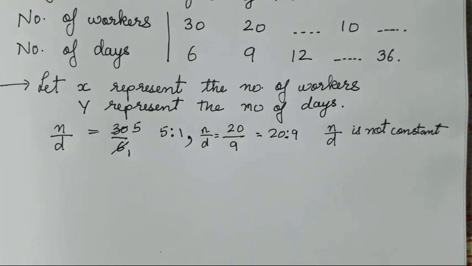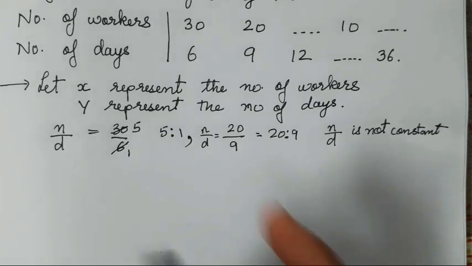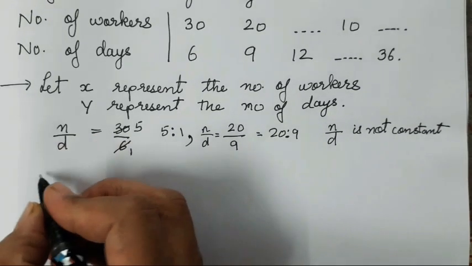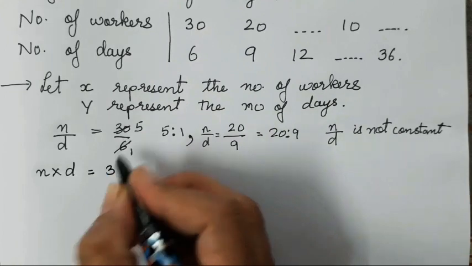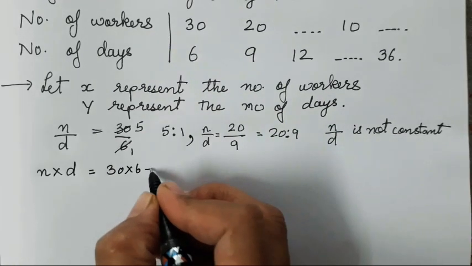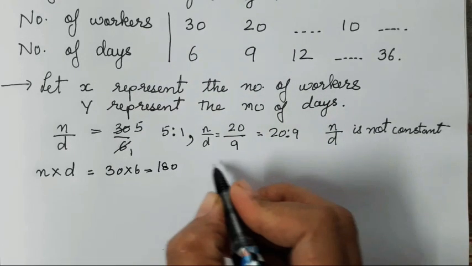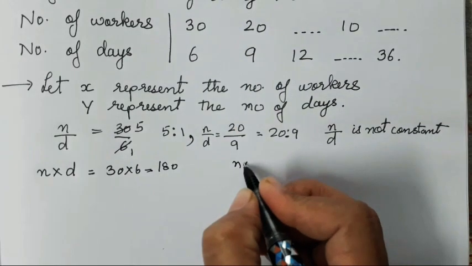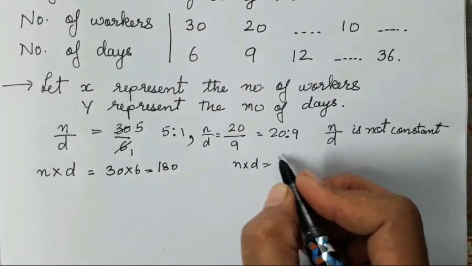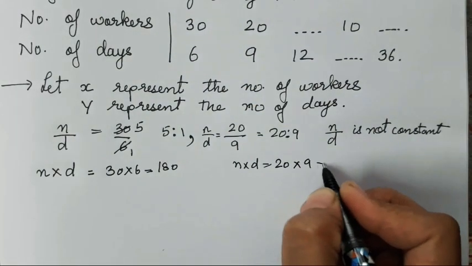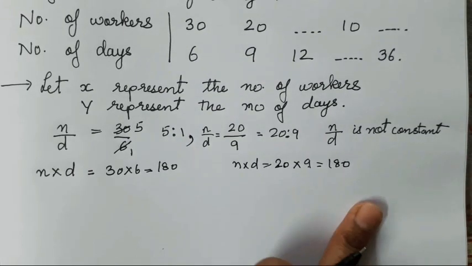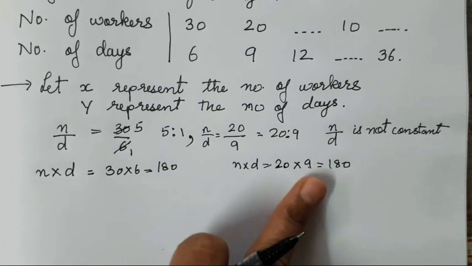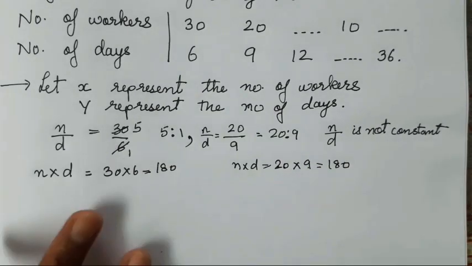So for inverse variation, n into d should be constant. Division did not give a constant, so try n into d: 30 into 6 is 180. Next, 20 into 9: 9 twos are 18, and a 0, so 180. Now this is constant, therefore it is an inverse variation. Got it, children?